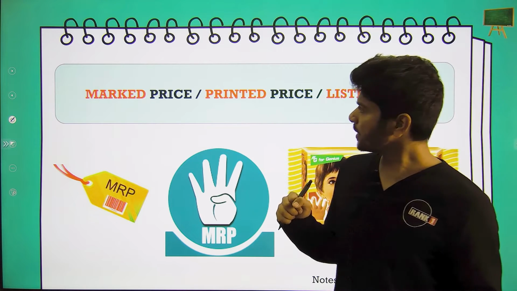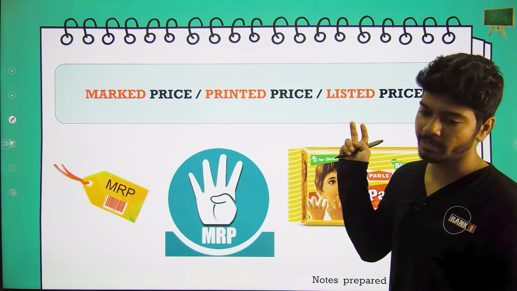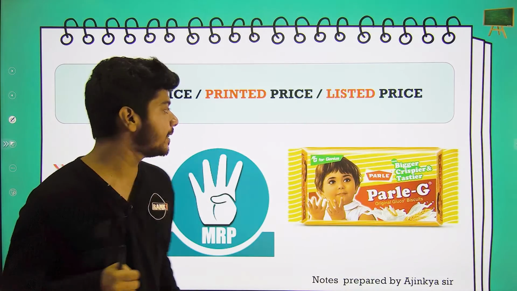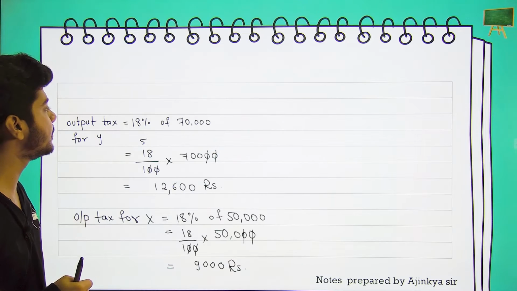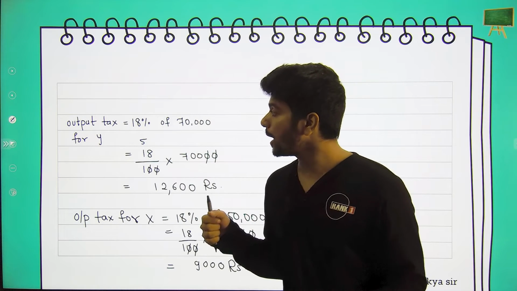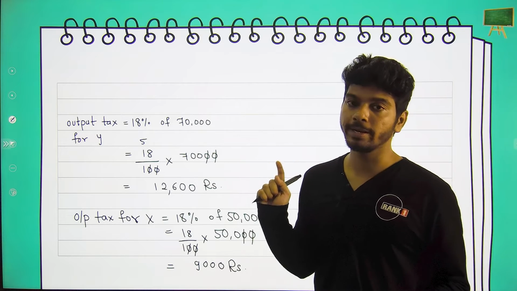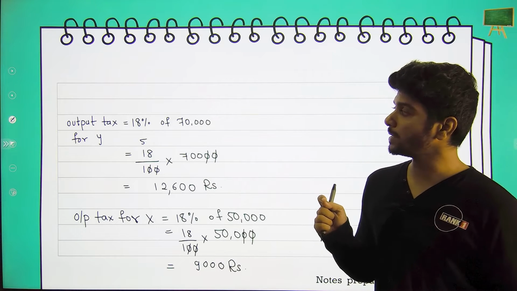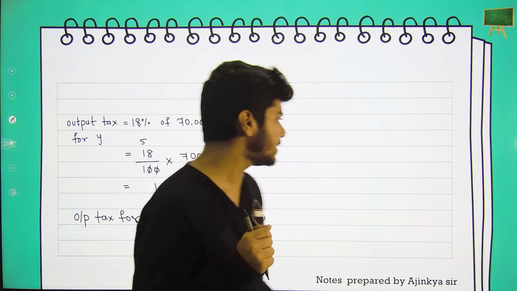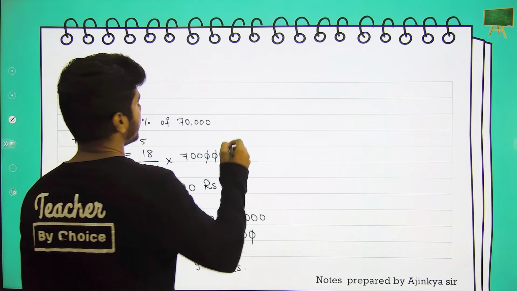See, marked price, printed price, we will do it in the next lecture maybe, but till this part, if you have understood well, then do it properly. I hope output tax, input tax is pretty much clear. Now I will revise it once, here only.